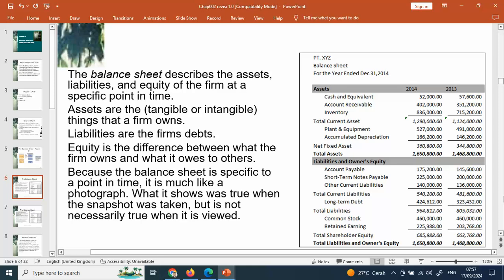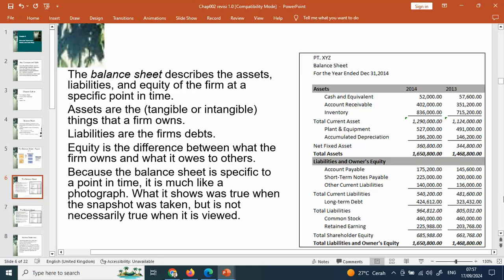So, the balance sheet describes the assets, liabilities, and equity. Assets are tangible or intangible. Liabilities are the firm's debt. Equity is the difference between what the firm owns and what it owes to others.